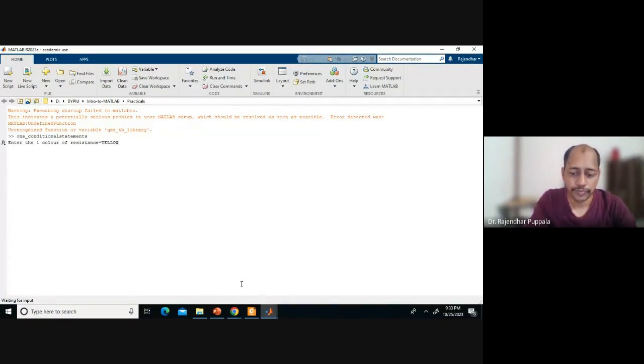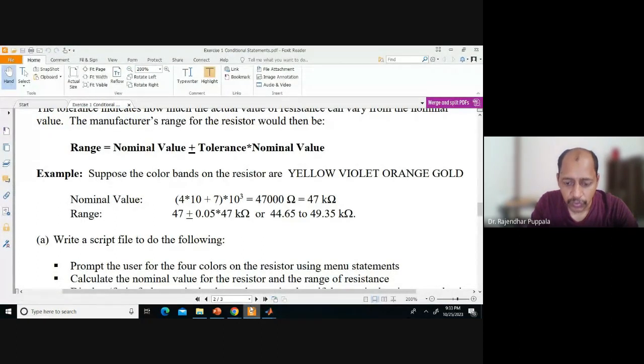Yellow. And second input is orange. Third input is violet. And fourth input is gold.